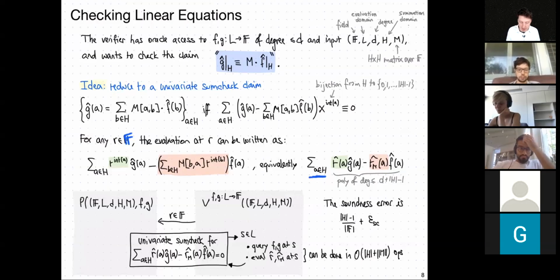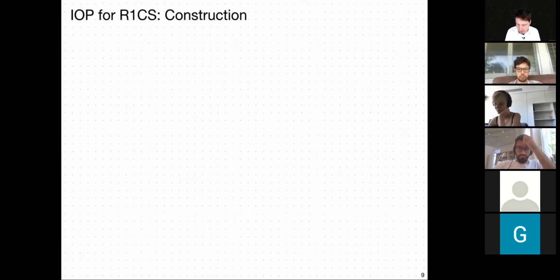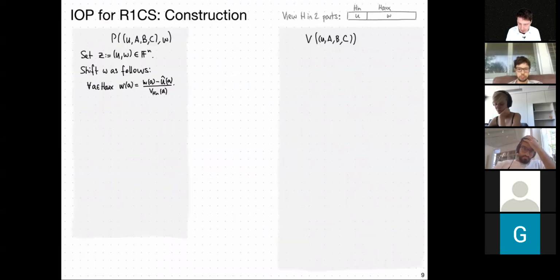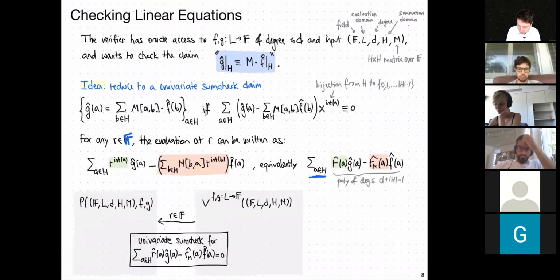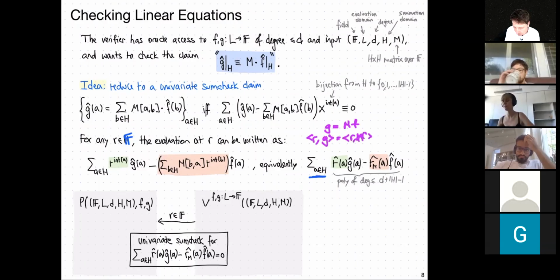Maybe another way to view it, just a quick summary. We have an expression, G equals M times F. Forget the hats for a moment. I'm taking an inner product with something random, right?